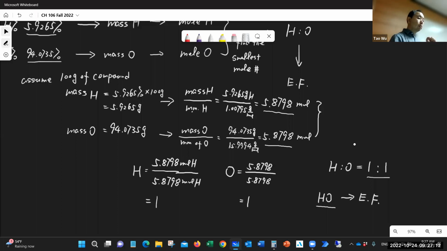That is the empirical formula, because H and O means we have 1 hydrogen and 1 oxygen. That is the simplified ratio in the formula. It's really just based on the ratio that we got: the ratio between hydrogen and oxygen is 1 versus 1. So the empirical formula is just HO.